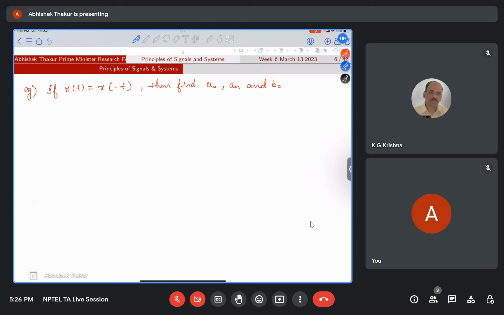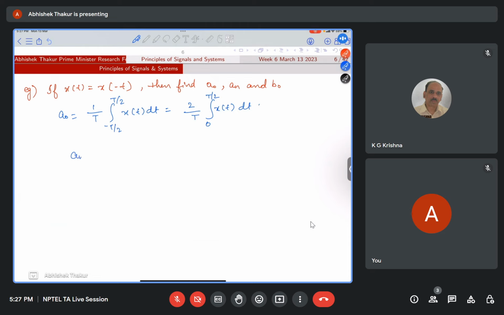Here we know that a naught is an integration of an even symmetric signal. Let's suppose this integration is from minus T by 2 to T by 2, one time period. Then, because x(t) is equal to x of minus t, we can write it as 2 by T integral from 0 to T by 2 of x(t) dt.